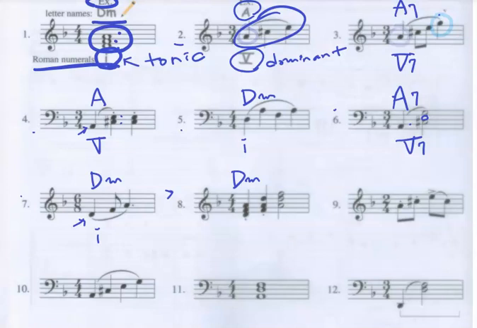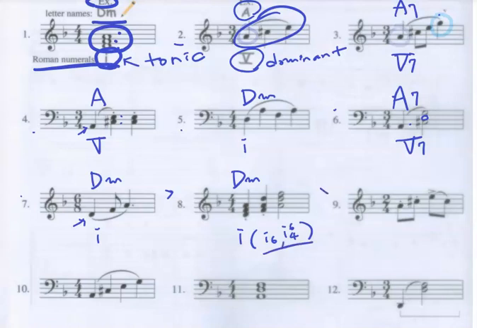So root position, first inversion, second inversion. So this is all 1 chord, but in advanced music theory, you'll learn the first inversion is called 1-6, and the second inversion is called 1-6-4. Okay, this is advanced. You don't need to know, but it's good to know.